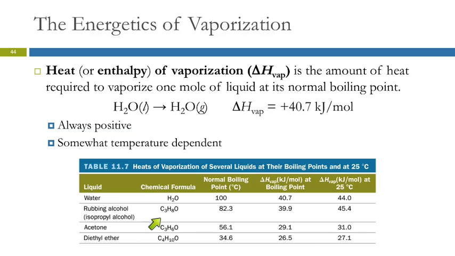Rubbing alcohol is up there as well. It also has hydrogen bonding. Acetone and dimethyl ether: dimethyl ether is much less polar. And we see that with these lower boiling points and weaker intermolecular forces, the heat of vaporization is also lower. There's a small difference between at 100 and at 25, but it's not a whole lot.